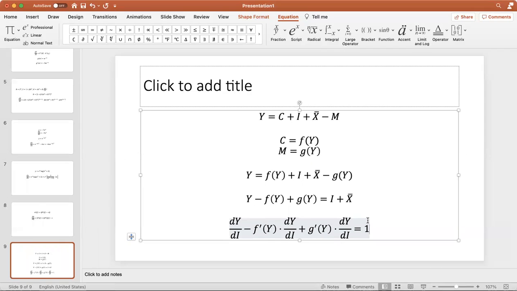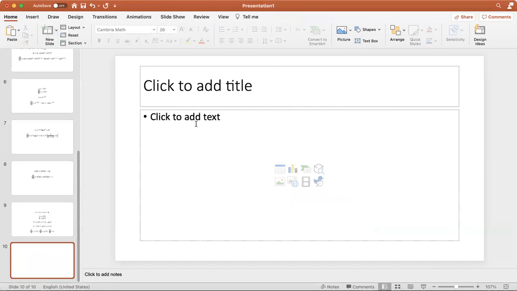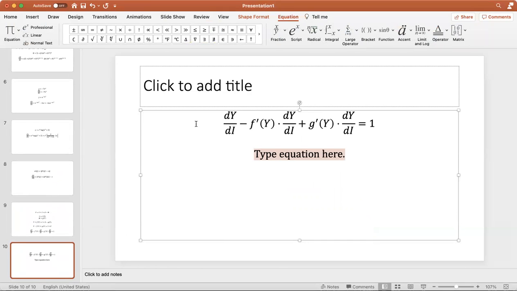Right now, factoring out dy with respect to di, you'll get a bracketed term here.